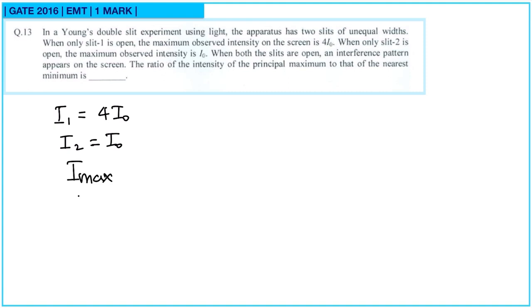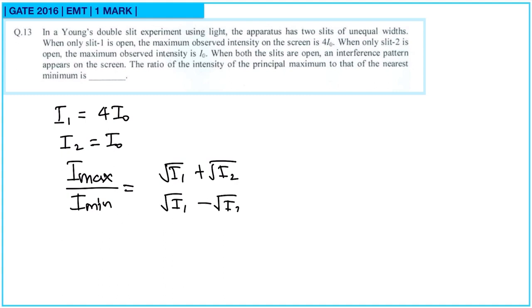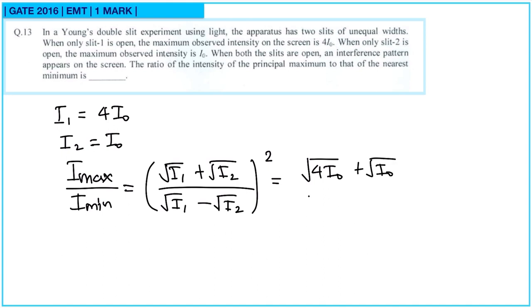So here we have to find I max upon I min. So this will be equal to root I1 plus root I2 upon root I1 minus root I2, whole square. So this will be root of 4 I naught plus root of I naught upon root of 4 I naught minus root of I naught, the whole square.